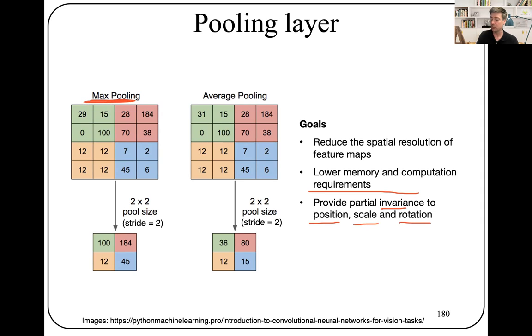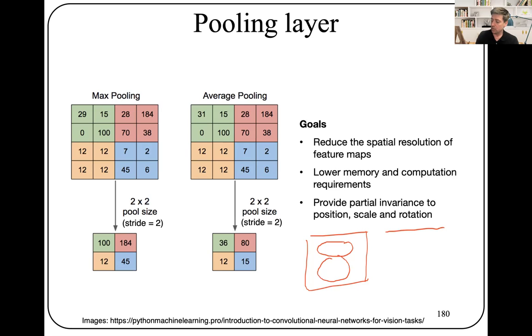Another interesting property, mostly of max pooling, is that it provides some invariance to translation, scale, and rotation. So what does that mean? It means that if I give you an image of the number 8, and then I give you an image of the same 8, but slightly shifted to the right or to the left, it doesn't really matter in which direction, the output of the network is not going to change so much if you have a max pooling.